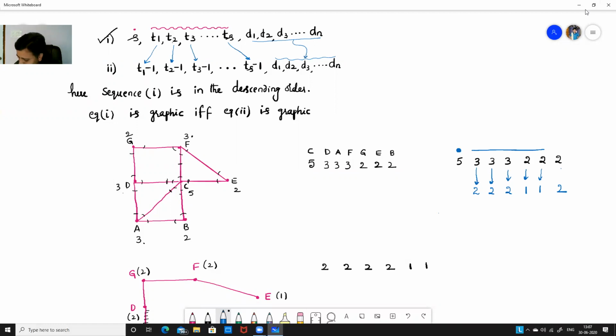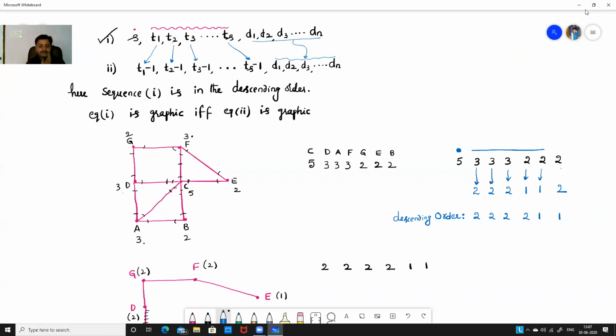If I arrange them in descending order, I will get 2, 2, 2, 1, 1, which is the same as this one, correct?